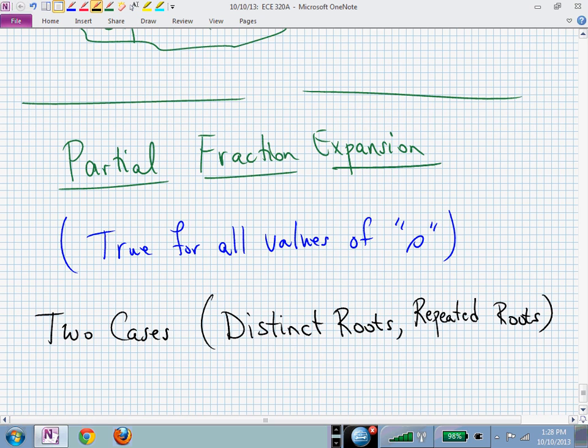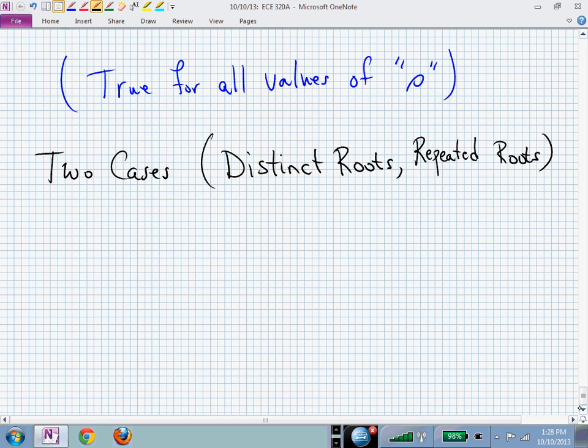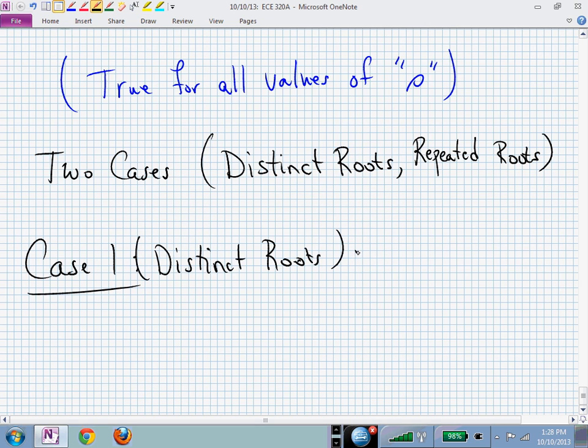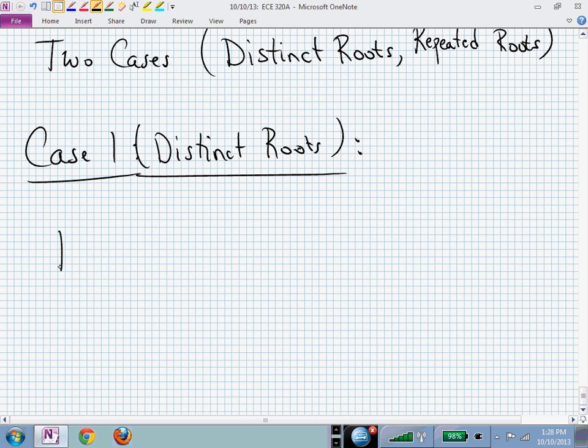If we have distinct roots, it's pretty straightforward. So let's look at that case first. Case 1 is when we have distinct roots in our denominator polynomial.